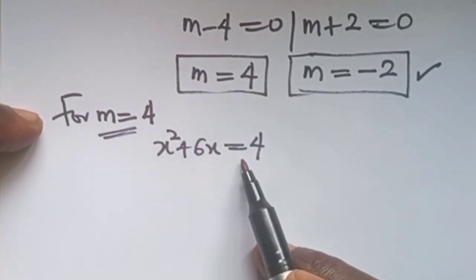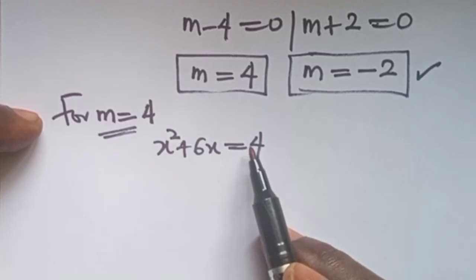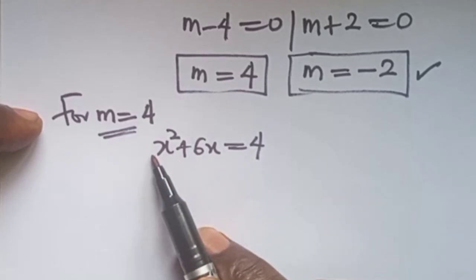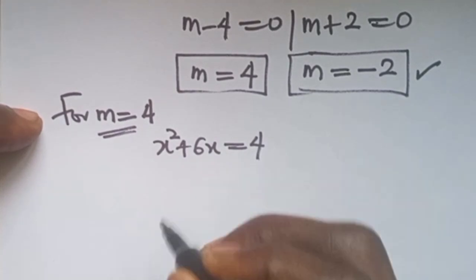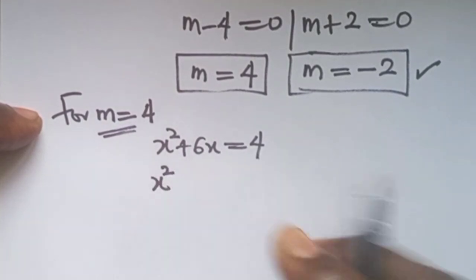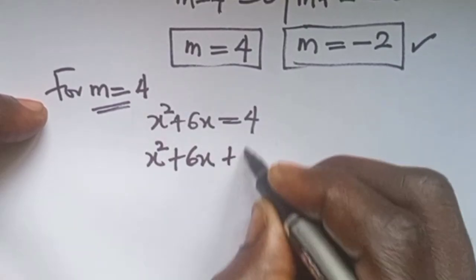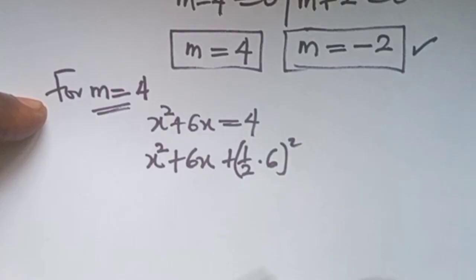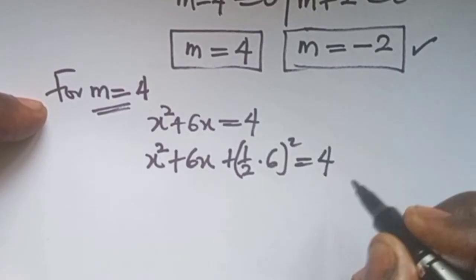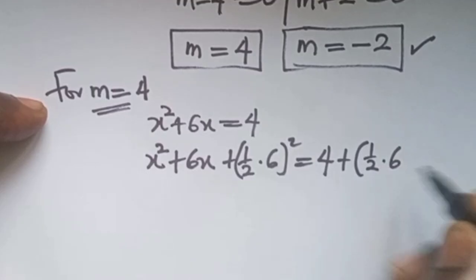Again, this is a quadratic equation. We're going to solve this using the completing the square method, since the coefficient of x squared is 1 and the coefficient of x is an even number. So we can write x to the power of 2 plus 6x plus (1 over 2 times 6) to the power of 2 equals 4 plus (1 over 2 times 6) to the power of 2.